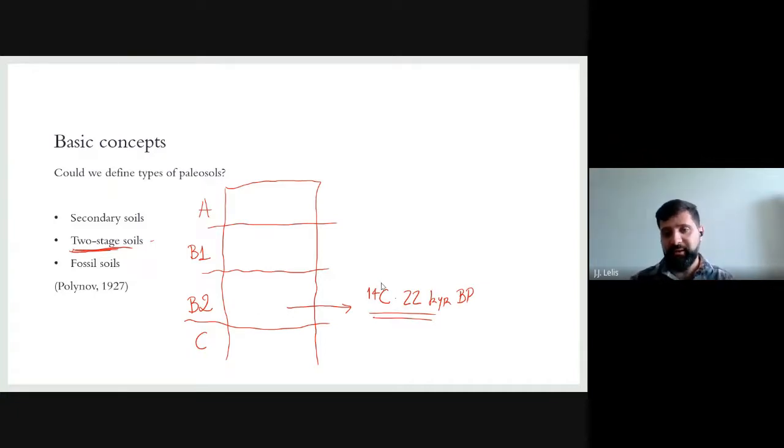It's a different age or period, or even an era. So I have a different time from this one. Here, if I date this horizon, I find something like 2,000 years before present. So it's a modern horizon formed in the Holocene.